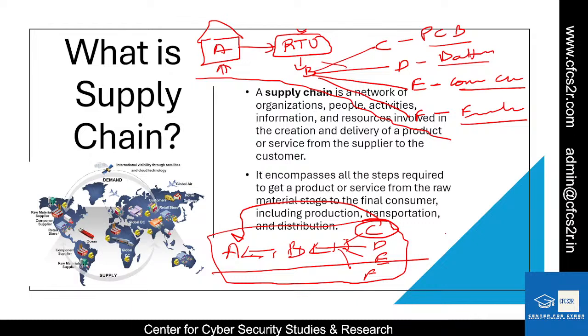Okay, so in the current world, a lot of supply chain issues are coming, because somebody is producing raw materials, somebody is providing components. If a person is running a retail store, he probably has some data centers or warehouses outside his country, or probably in his own city, but he is taking raw material from different suppliers.